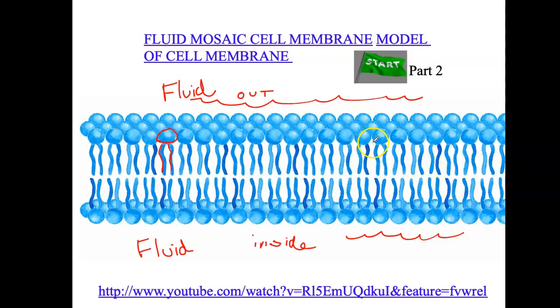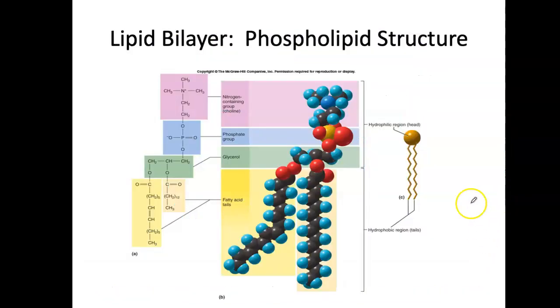But this middle section does not get along with water. So we're going to call that region hydrophobic. Hydrophobic and hydrophilic: water loving and water repelling, or hiding from water.